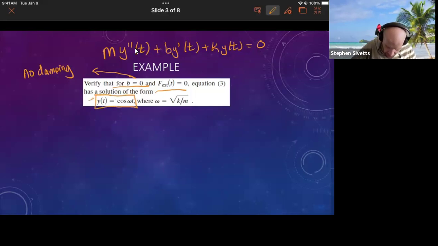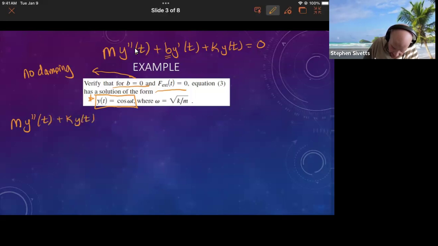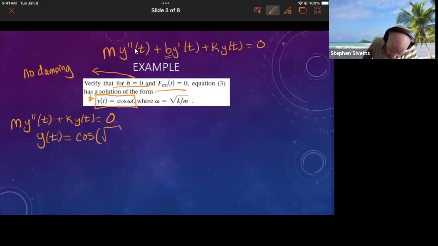We'll look at this general solution in a bit more detail. But I want you to try to verify that this is a general solution for a differential equation where the external force is zero and it's homogeneous. So in this case, we'll have m times y double prime of t plus k times y of t equals zero. So y of t is cosine of the square root of k over m times t. This shouldn't take too long.